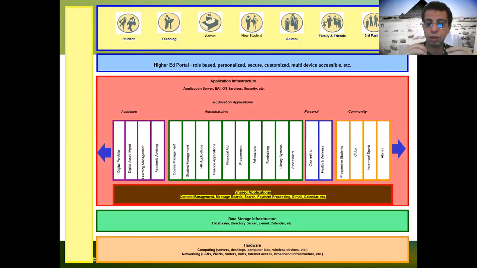Then, according to that, the functionality, and the processes needed, we start going down to the data storage infrastructure and then the hardware. So when you are trying to build an IT infrastructure, an IT solution, you start from the stakeholders down to the bottom.